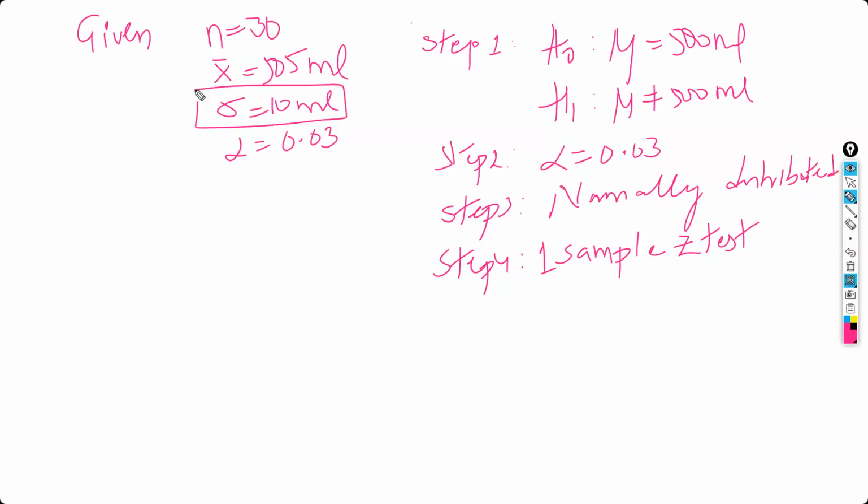Why? Because if it is greater, also a problem; if it is less than, also a problem. Two sides problem is two tail rejection. One side problem is one tail rejection. Whenever you have the not equal to symbol, that indicates it is a two tail. So here I have the two tail rejection like this.